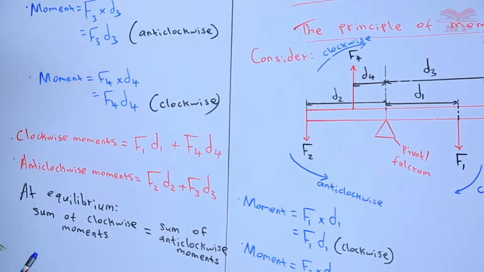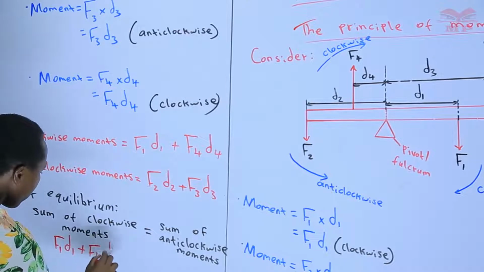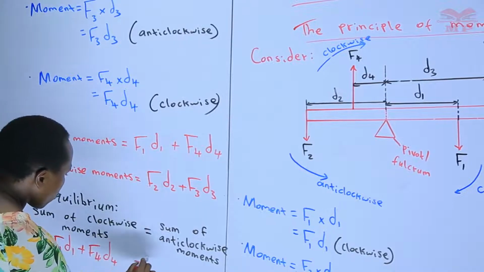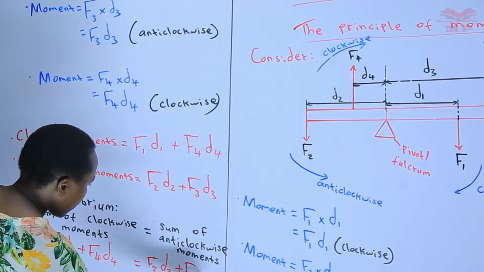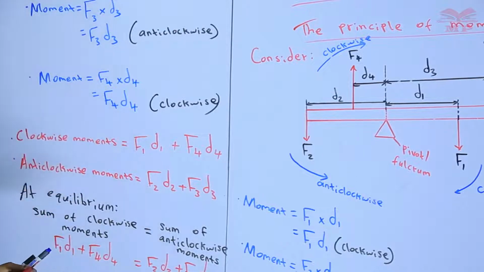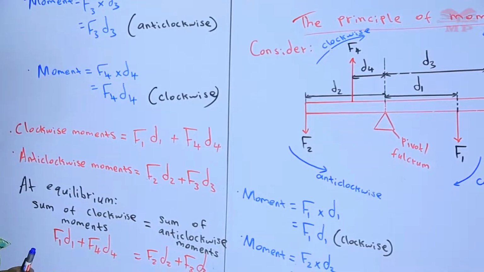If this bar is at a state of balance, then the sum of clockwise moments will be equal to the sum of anti-clockwise moments, meaning that our F1 D1 plus F4 D4 will be equal to F2 D2 plus F3 D3. And this is what we are calling the principle of moments.